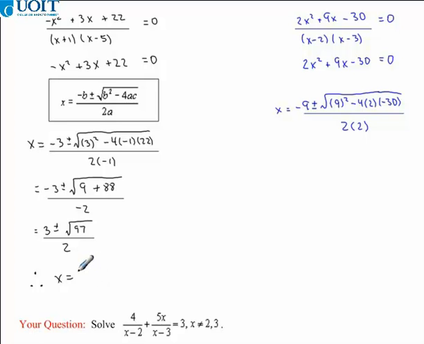So we will have x is equal to 3 halves plus the square root of 97 over 2. Or the second case that we will have is 3 halves, and we will be subtracting the square root of 97 over 2.